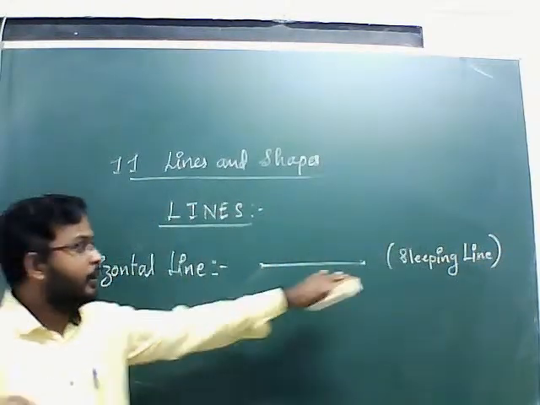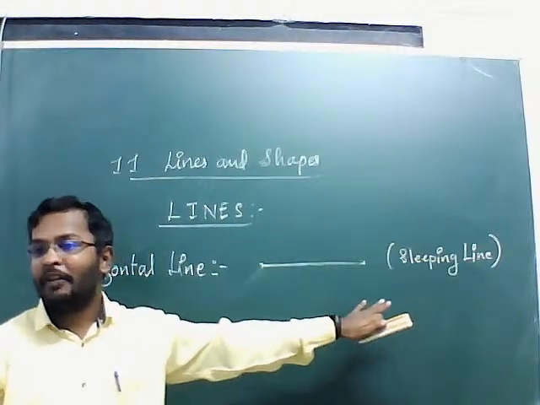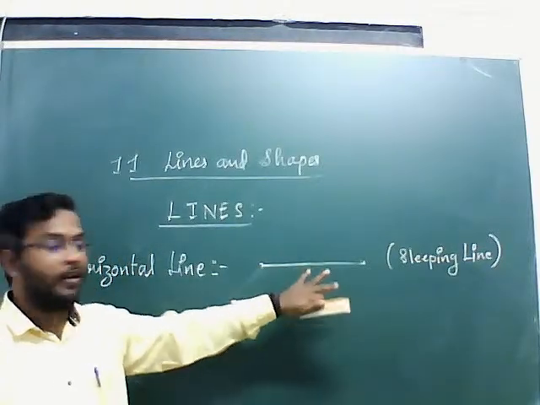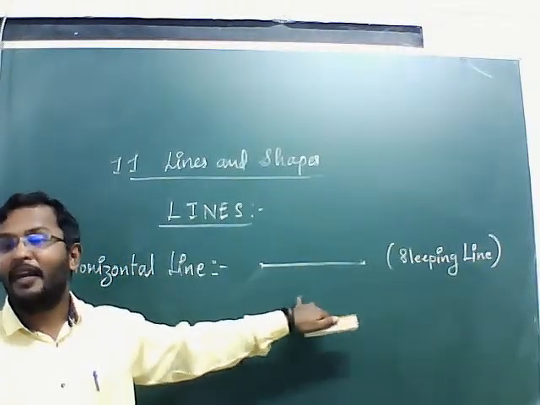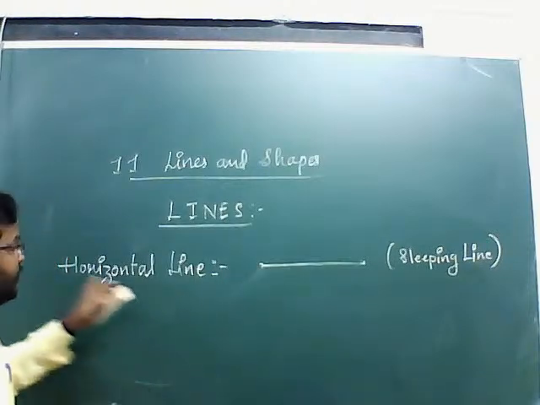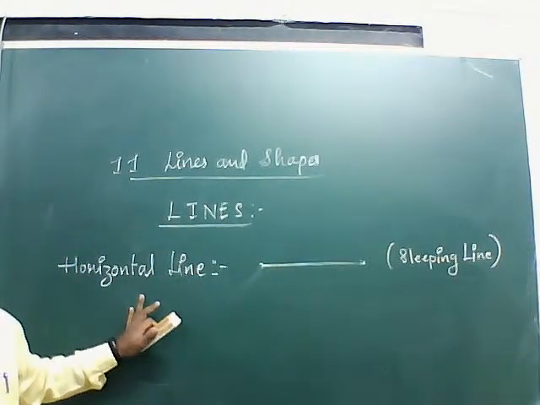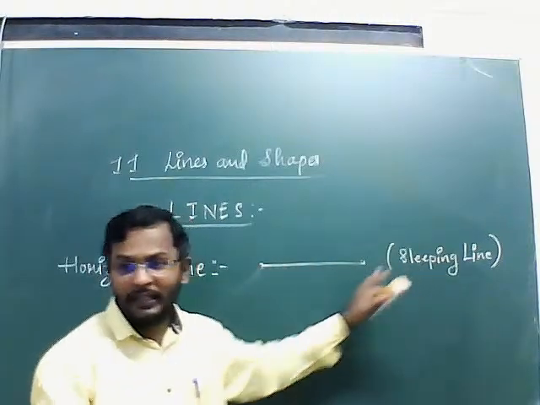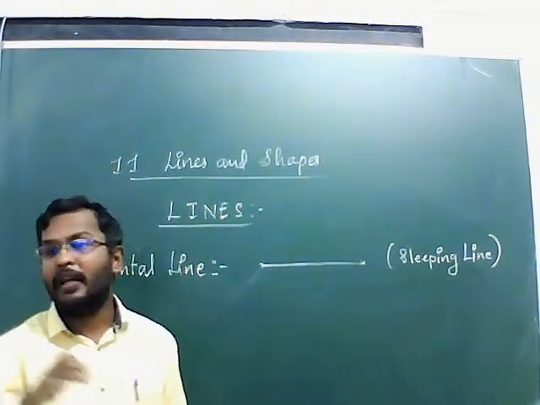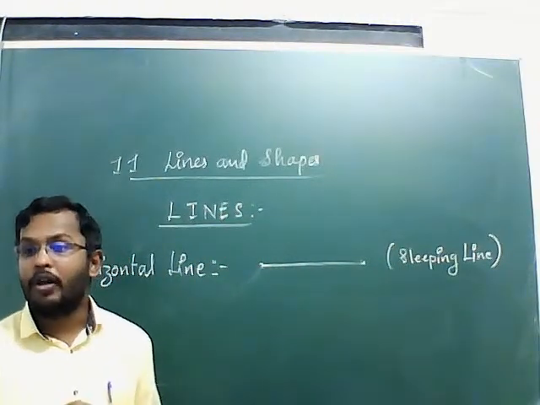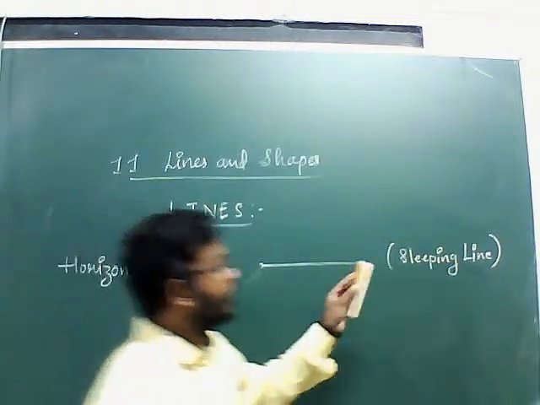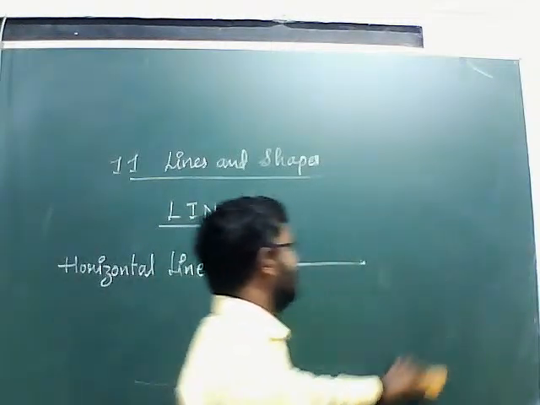And don't write this sleeping line in your exam. Just for understanding purpose, I am writing this. The name of this line is horizontal line. All the sleeping lines are called as horizontal line. Don't write this sleeping line in your exam.